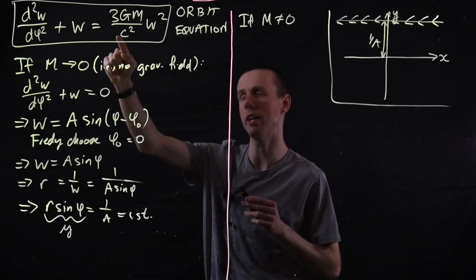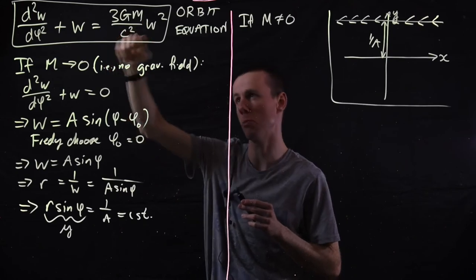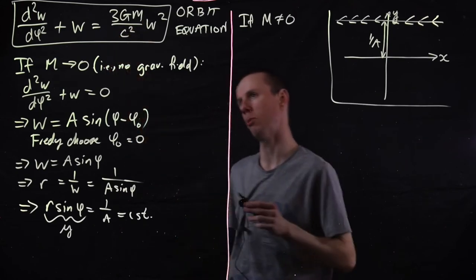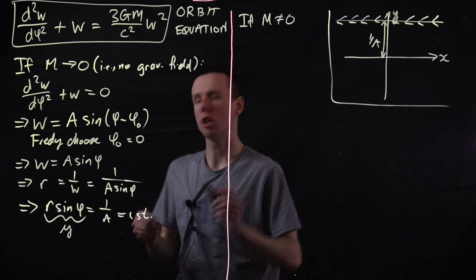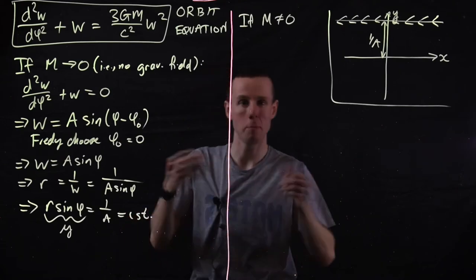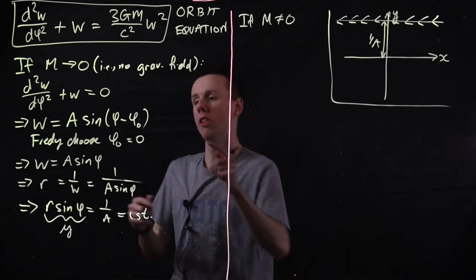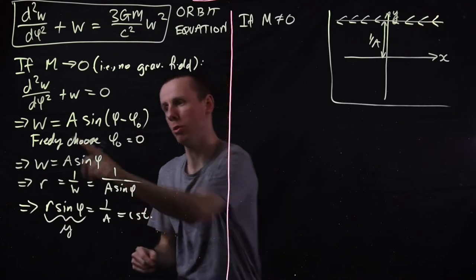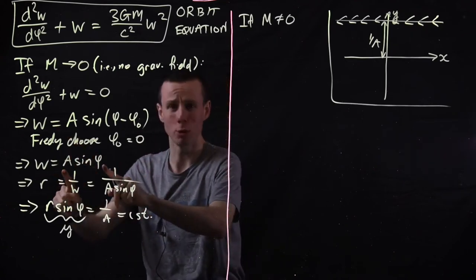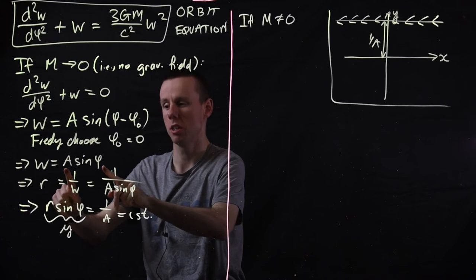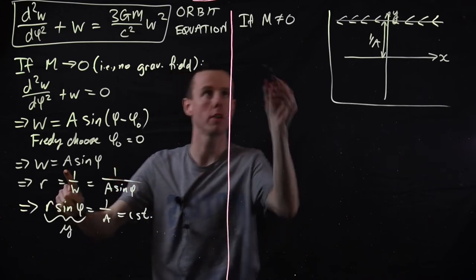Look, you've got a c squared in the denominator here. So this is a small correction, a small term on the right hand side. So that means for our solution, we can take a perturbative approach. So we assume that our solution for W is almost still this, but just with an extra small correction.